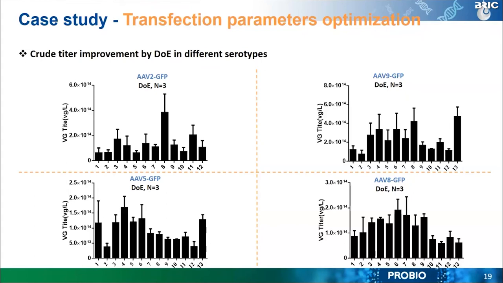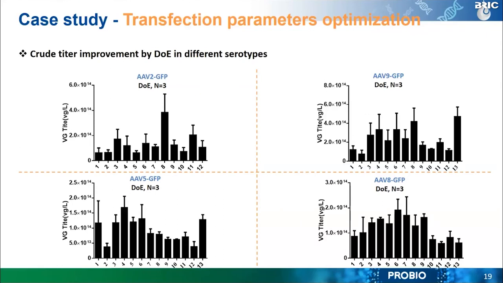Thus, during this process, plasmid ratio and concentrations, transfection reagent, and cell densities are the key parameters of AAV transfection.